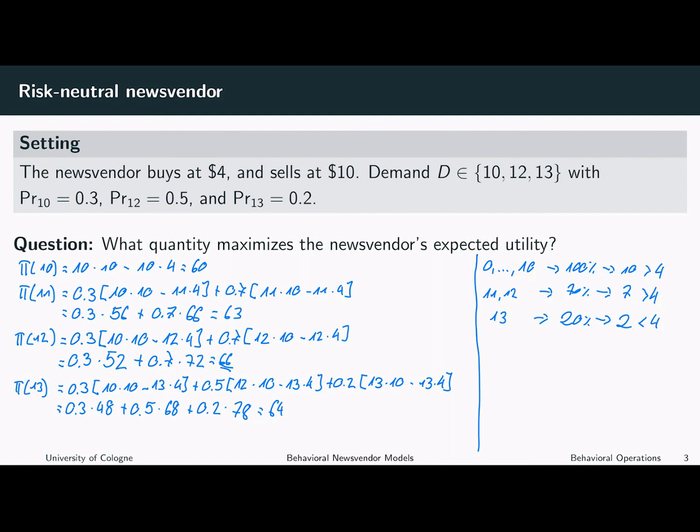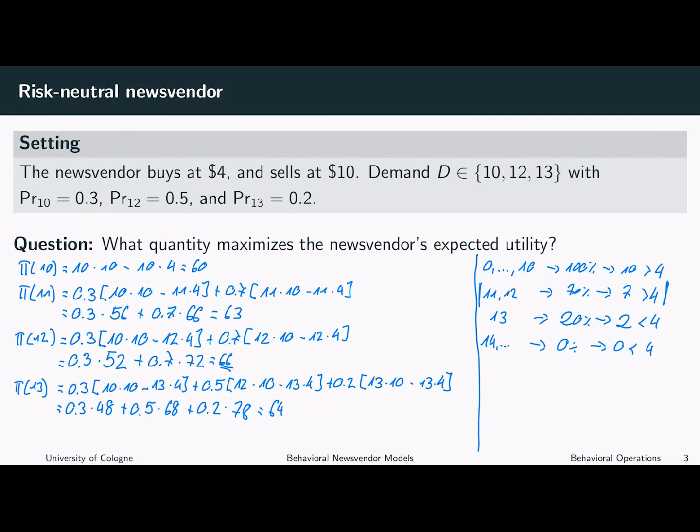I mean, you could also look at the probability of selling 14 or more units, and you see that the probability of selling 14 or more units is just 0, which means it makes no sense to order. Meaning that up to this point it's optimal to order more.